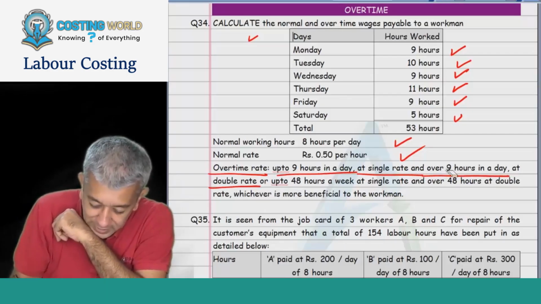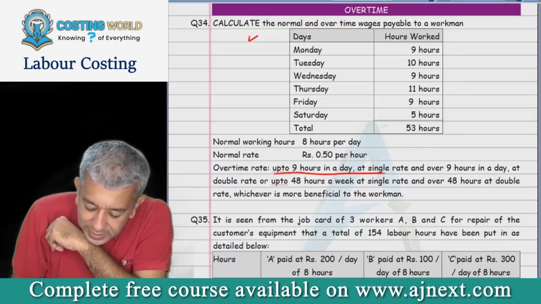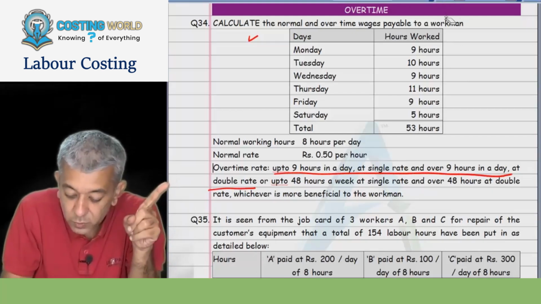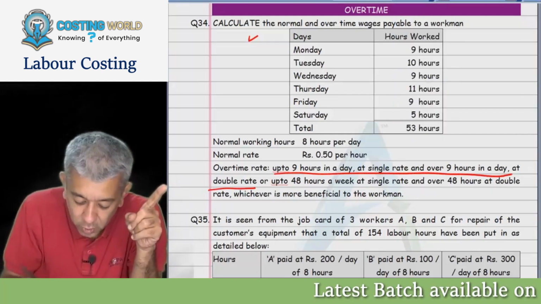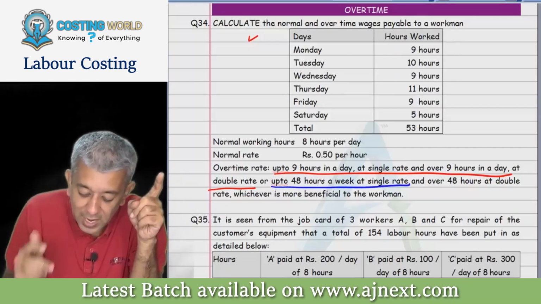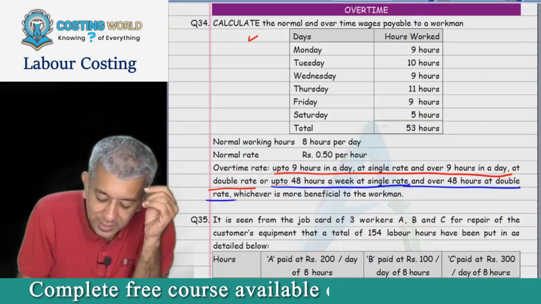I'll read this once more. Up to 9 hours a day at single rate and over 9 hours a day at double rate. This is one option that is there. Or up to 48 hours a week at single rate and over 48 hours at double rate.